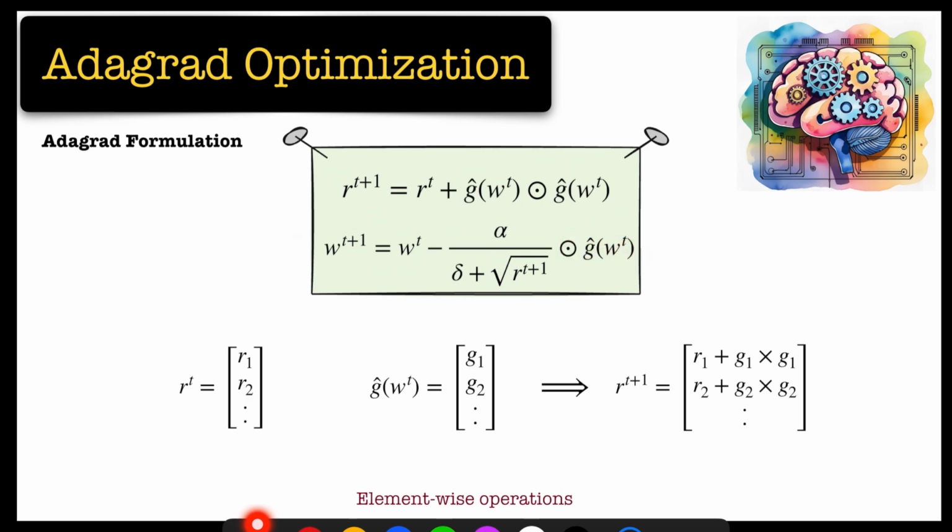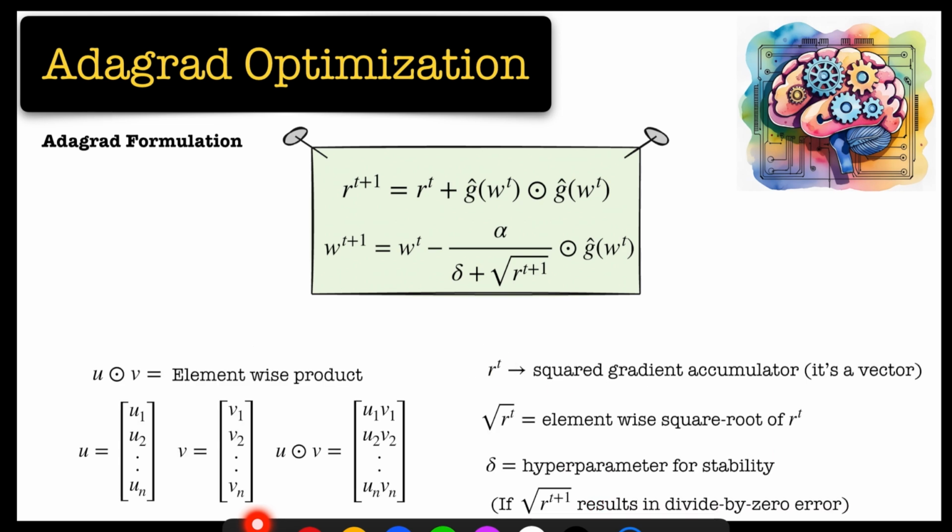We'll come to this later. First see this: Rt is one vector, R1, R2 and so on. g hat Wt is the gradient vector, G1, G2 and so on. Rt+1 is also an element-wise operation, so for each element it will be R1 plus G1 times G1, R2 plus G2 times G2, and so on.